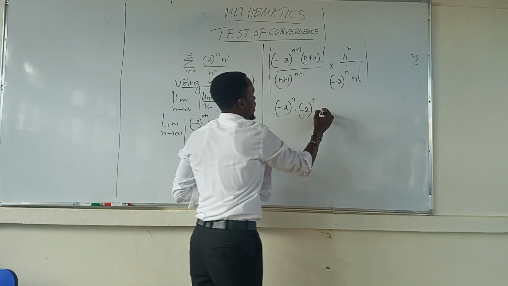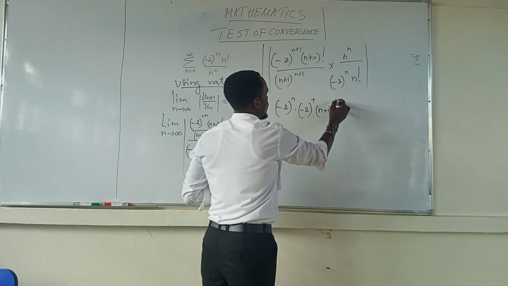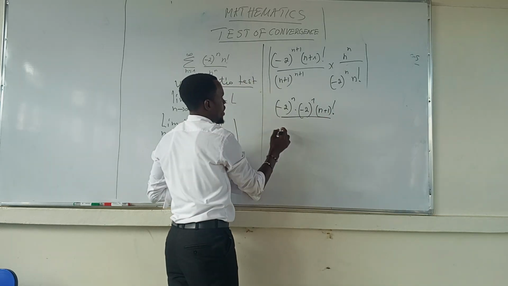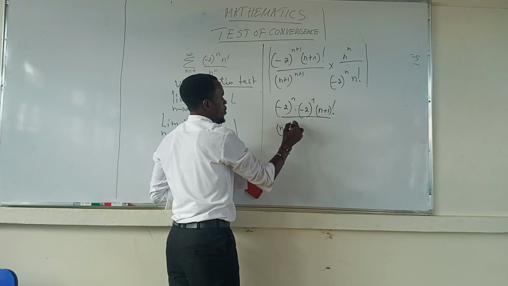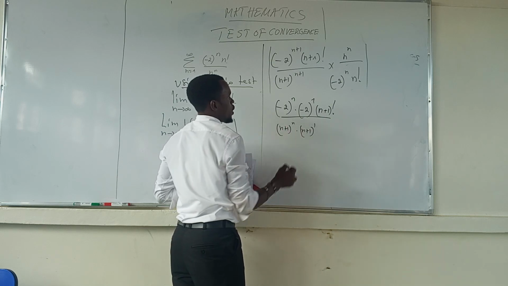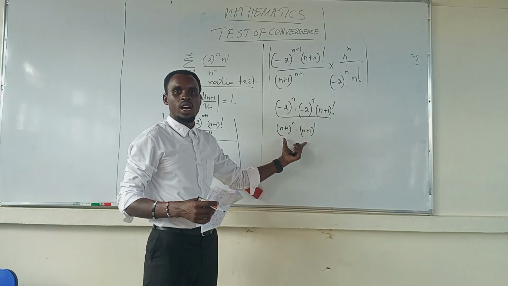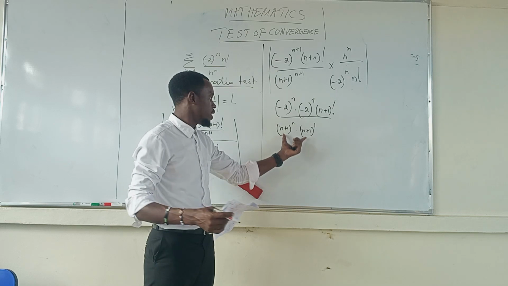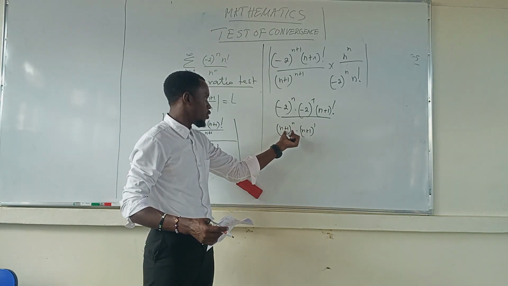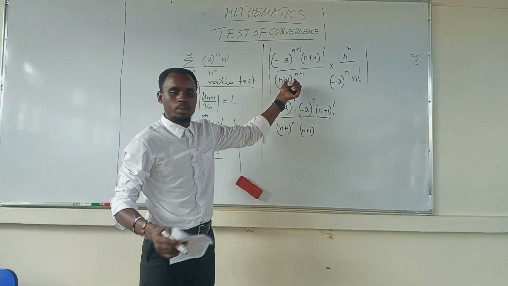Then I multiply by n plus 1 factorial over n plus 1 power n times n plus 1 power 1. Remembering that when we have the same base, we add their powers, I will get back to the previous step.